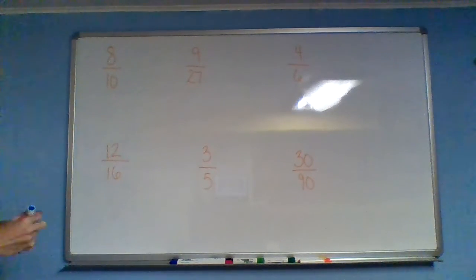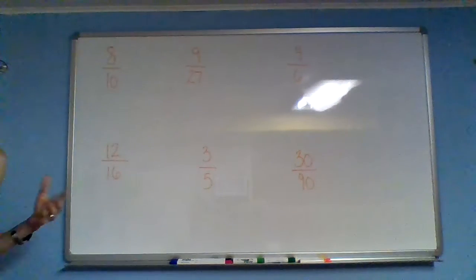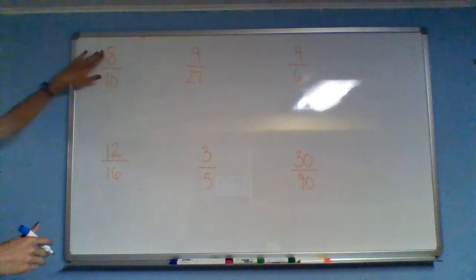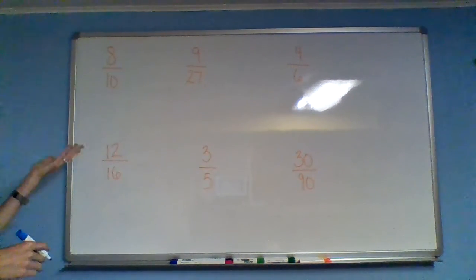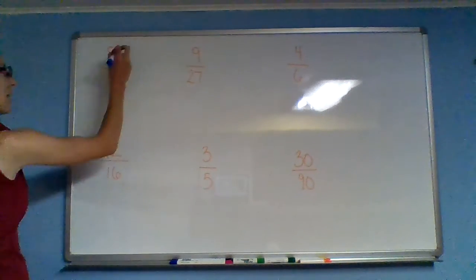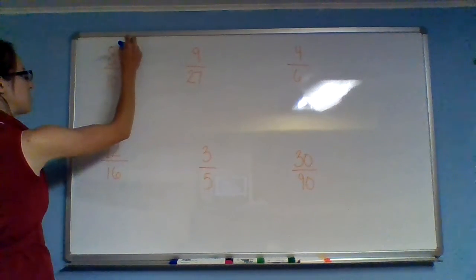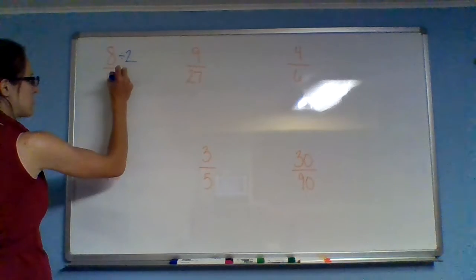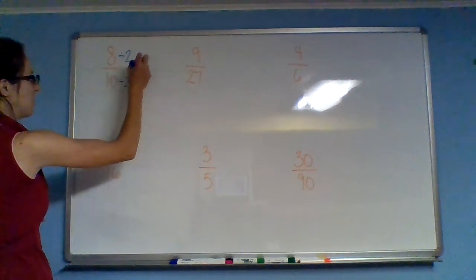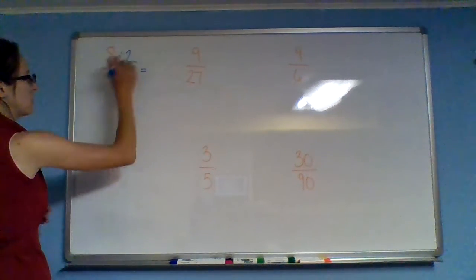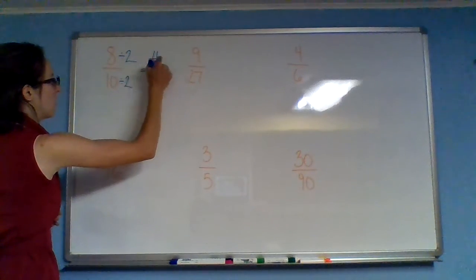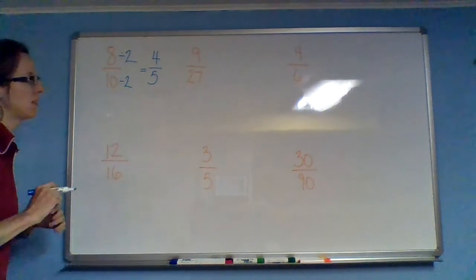So if I'm saying I have 8/10 of something, I'm looking for a simpler way to say that. I check 8 and 10, and I see that they're both even numbers. So I could divide 8 by 2, and I could also divide 10 by 2, and that would get me to 4/5.